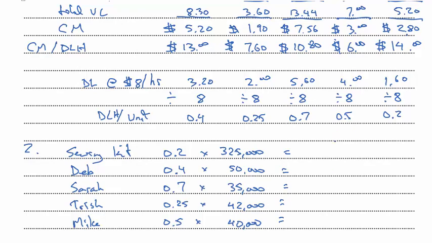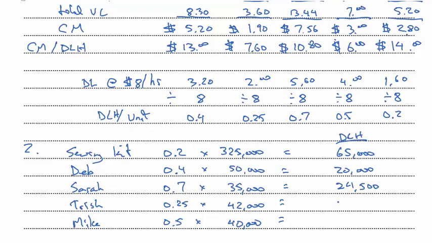So this is now going to give us the total direct labor hours for each product, right? So sewing kit, 0.2 times 325,000 is 65,000 direct labor hours. Debbie was 0.4 times 50,000, 20,000 hours. Sarah, 0.7 times 35,000, 24,500.